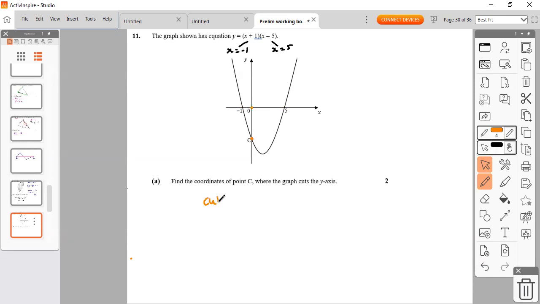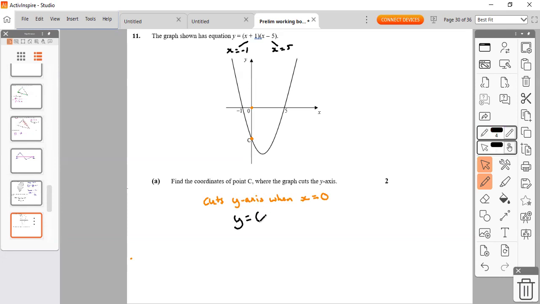So your coordinate is going to be 0, something. So we substitute x equals 0 into our equation, and it will spit out an answer for us.